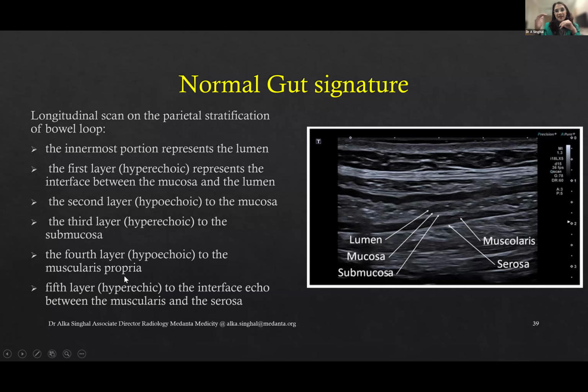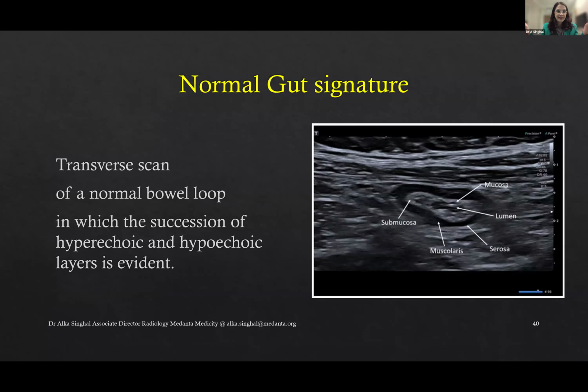So accordingly, you have these longitudinal and circular muscles and all these layers that you can appreciate. Nice symmetrical outline, no focal lesion, no thickening, no asymmetry. All those features you can instantly make out. And on cross section, you'll see a classic target sign kind of appearance, right?